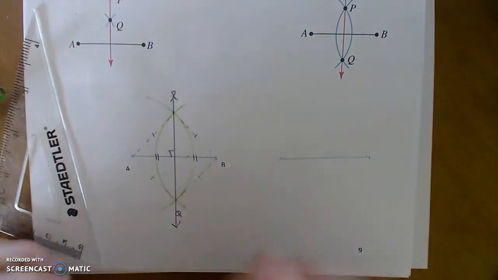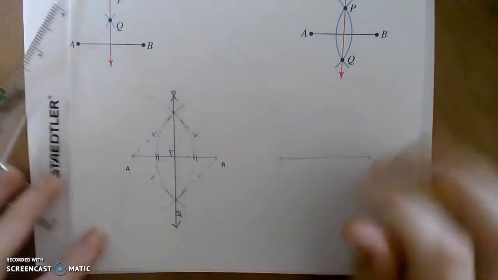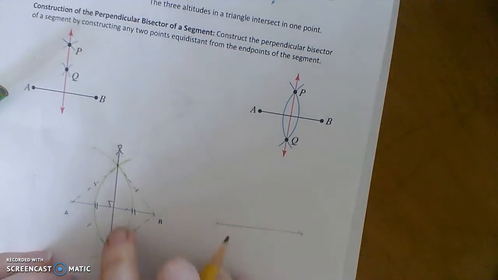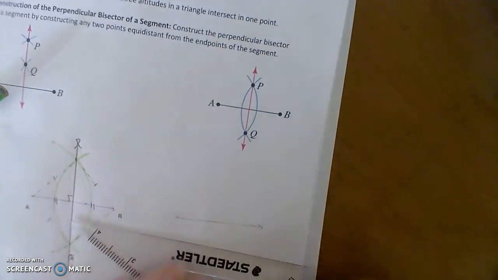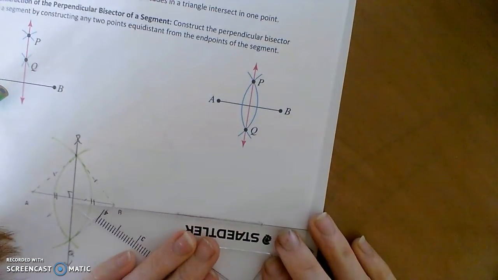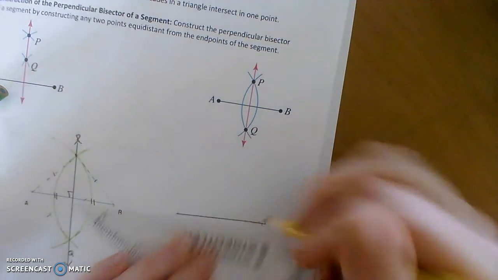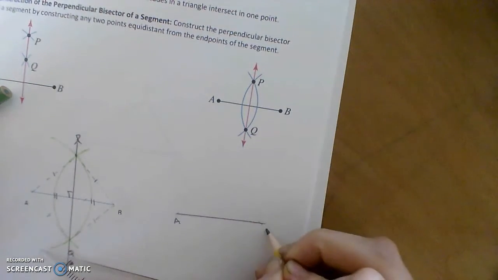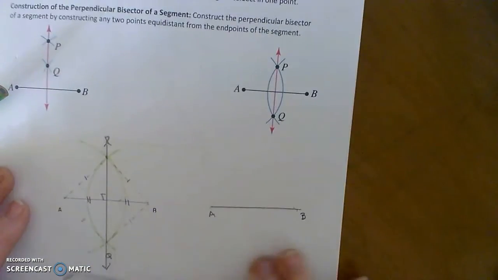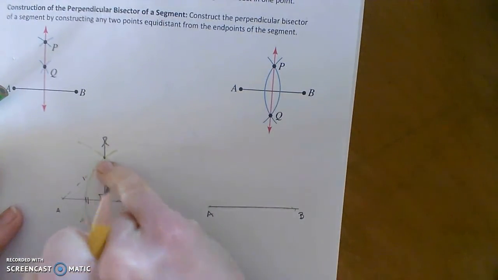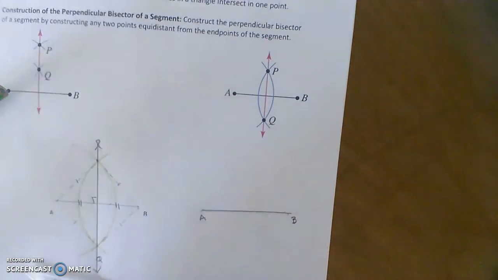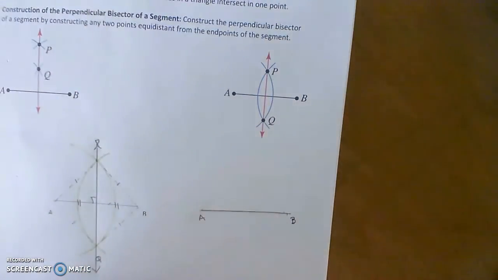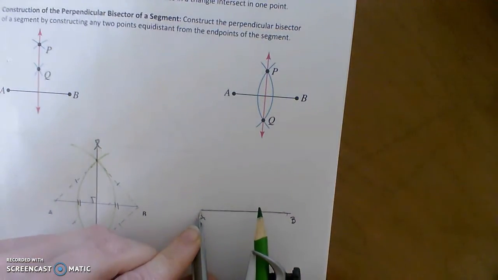The other way I can do this, I'm going to give you another construction. Suppose that I didn't have enough room on my paper to draw this arc all the way above and all the way below my line segment. Let me draw in another line segment, call it AB. And instead of drawing an isosceles triangle above and below the given line segment, I'll draw two different isosceles triangles basically above the line segment.